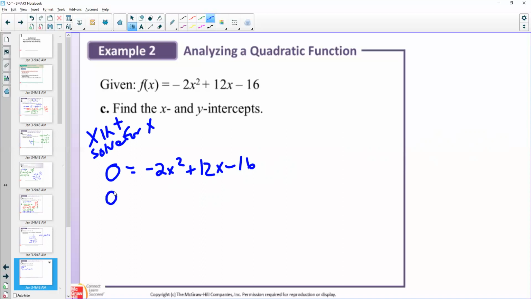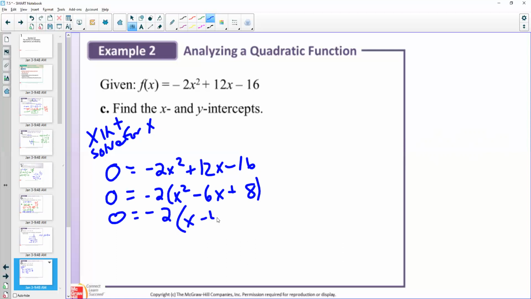And I can do that. I'm going to factor out a -2, make that x squared minus 6x plus 8. Well, I've had lots of practice factoring at this point, so I know that's going to be x minus 4, x minus 2.